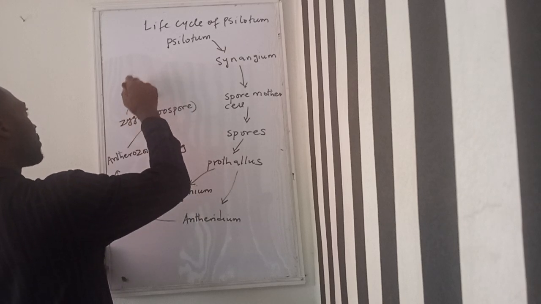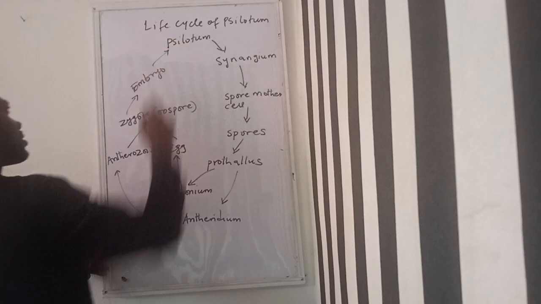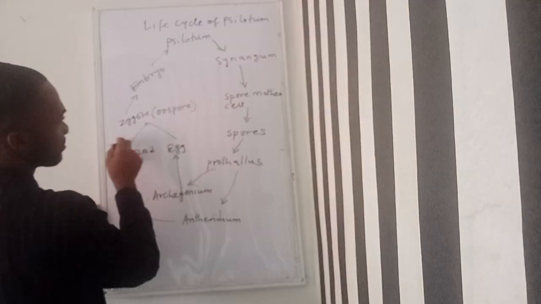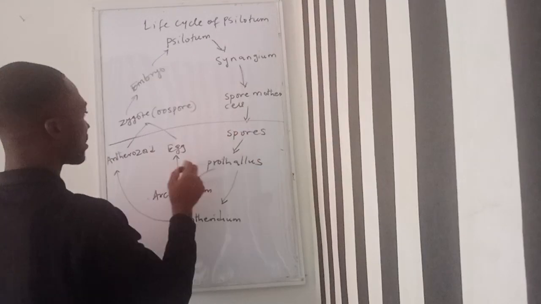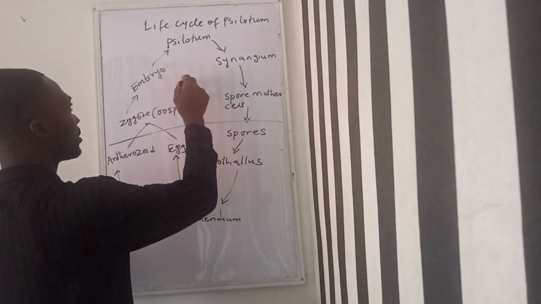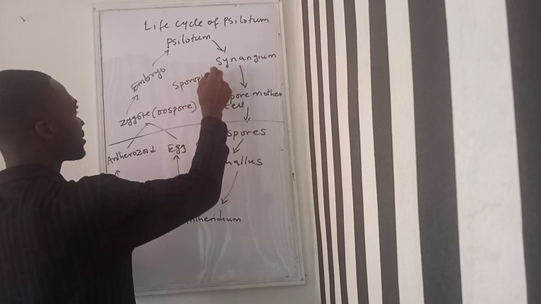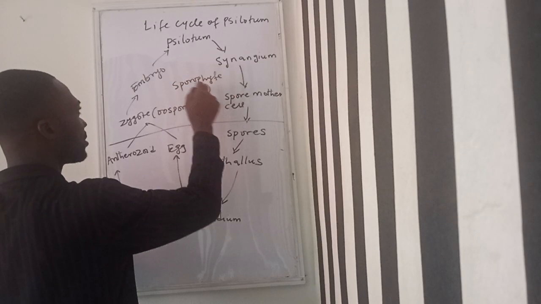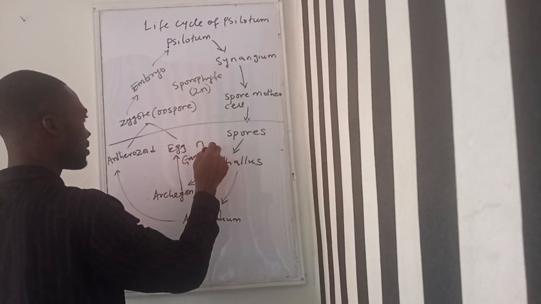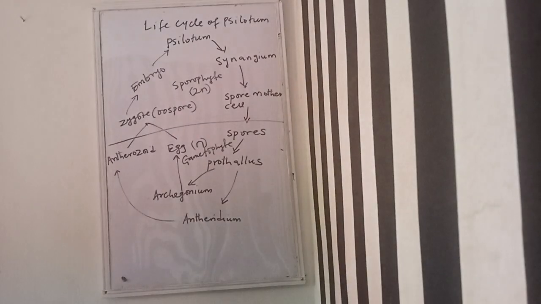Then it grows into an embryo and a Psilotum plant. So all these stages, from these down to spores, are the gametophyte. They have n number of chromosomes. And this is sporophyte, having 2n number of chromosomes. This is the gametophyte, having n number of chromosomes.